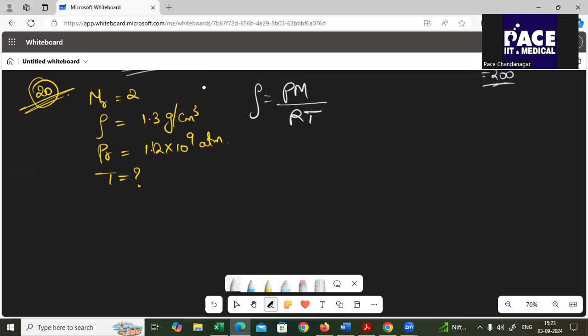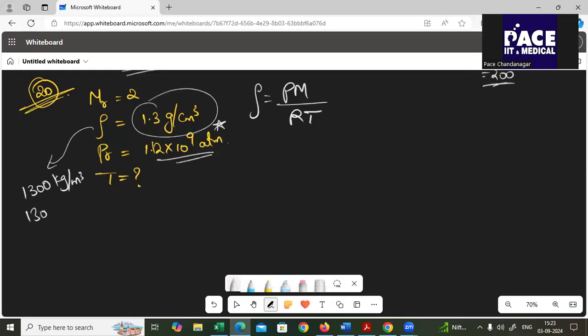Pressure is given to you in atm, which is good enough. And this one, 1.3 gram per centimeter cube: please convert this to kilogram per meter cube first. So this is 1.3 into 1000, 1300 kilogram per meter cube.